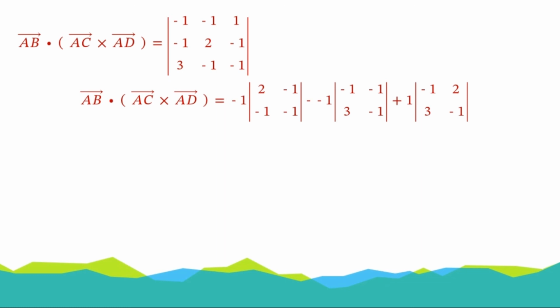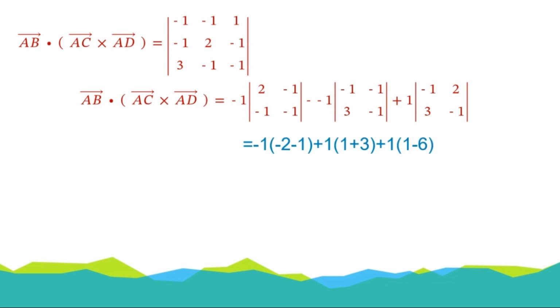To determine the determinant of this matrix, we take the first component -1 times the matrix of its cofactors, which is 2, -1, and -1, -1, minus -1 times the matrix of its cofactors, which is -1, -1, 3, -1, plus 1 times the matrix of its cofactors, which is -1, 2, 3, and -1.